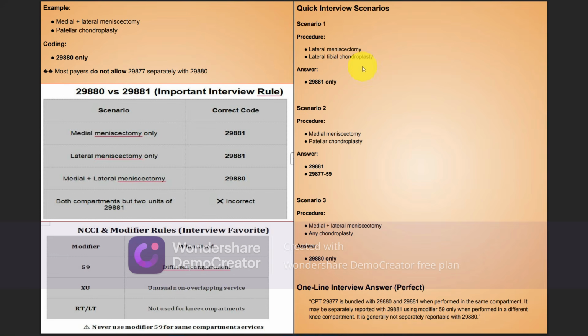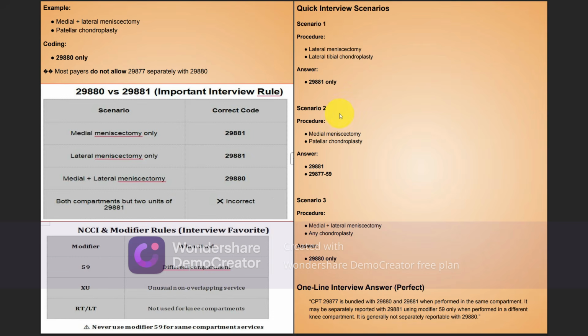Please take care. Quick interview questions, we are focusing on those, right? Scenario 1, procedure: lateral meniscectomy and lateral tibial chondroplasty, code only 29881.